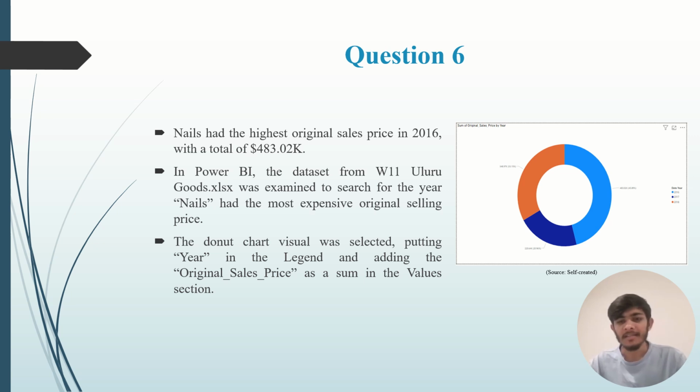Now I'm starting question 6. In Power BI, the dataset from W11 Uluru goods was examined to search for the year nails had the most expensive original selling price. The donut chart visual was selected, putting year in the legend and adding the original sales price as a sum in the value section.